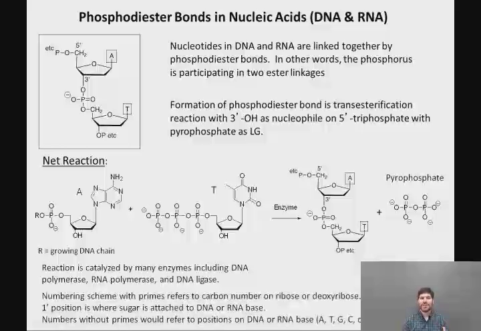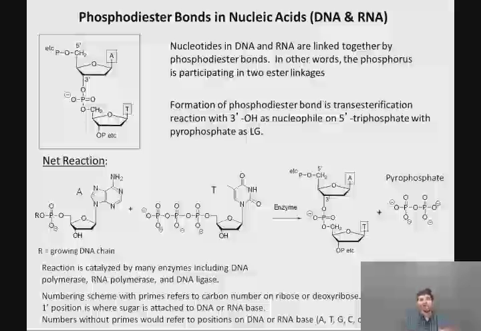And then finally, a note on this numbering scheme. I've talked about the 3' and 5' positions. Those are specifically carbon numbers along the ribose ring, or the deoxyribose ring if it is DNA. So the 1' position is the carbon that's part of the sugar that is attached to the nitrogenous base, so to the adenine or the thymine.